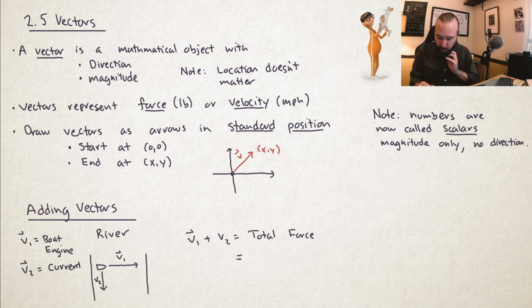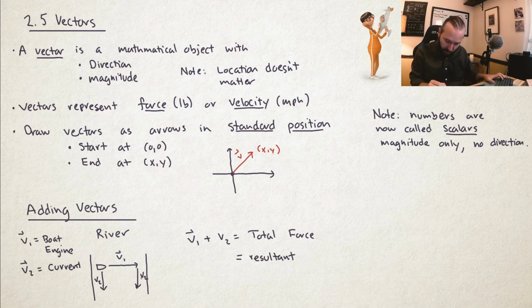So V1 plus V2 should represent the total force on the boat. We call it the resultant, the resultant force from both the engine and the current. How does it work? You take V number 2 and copy it over onto the end of V number 1. So you make another little copy of V number 2 over there.